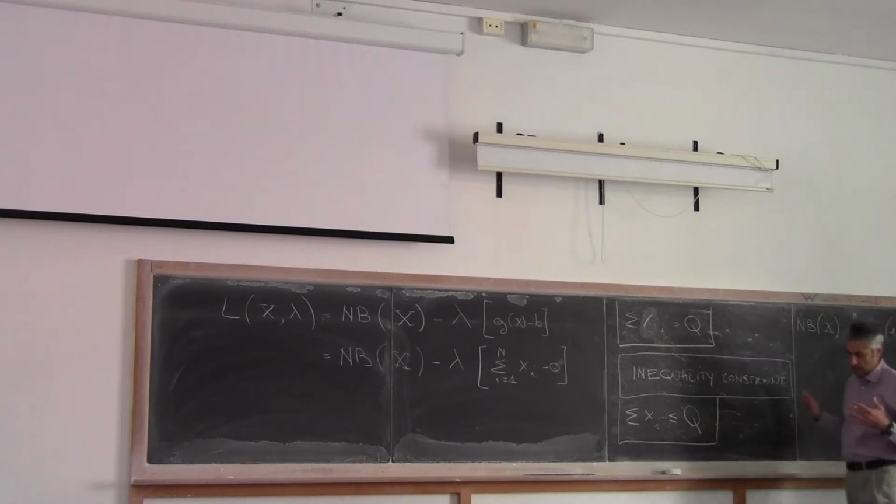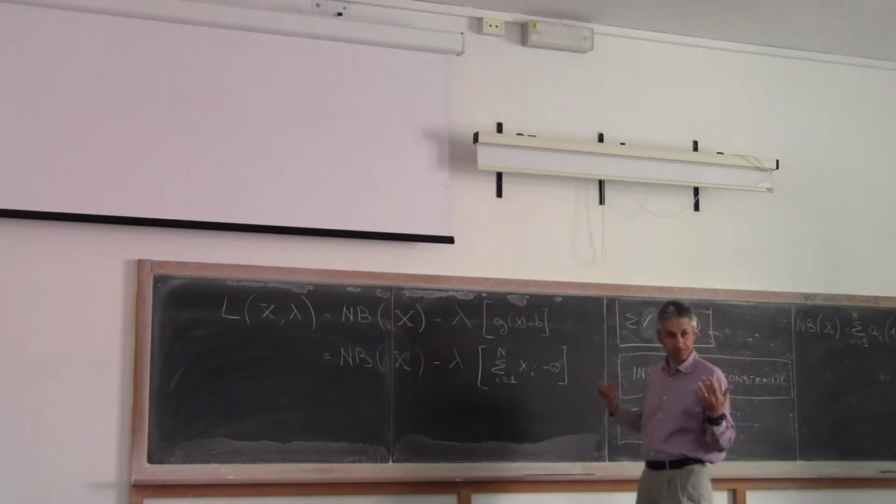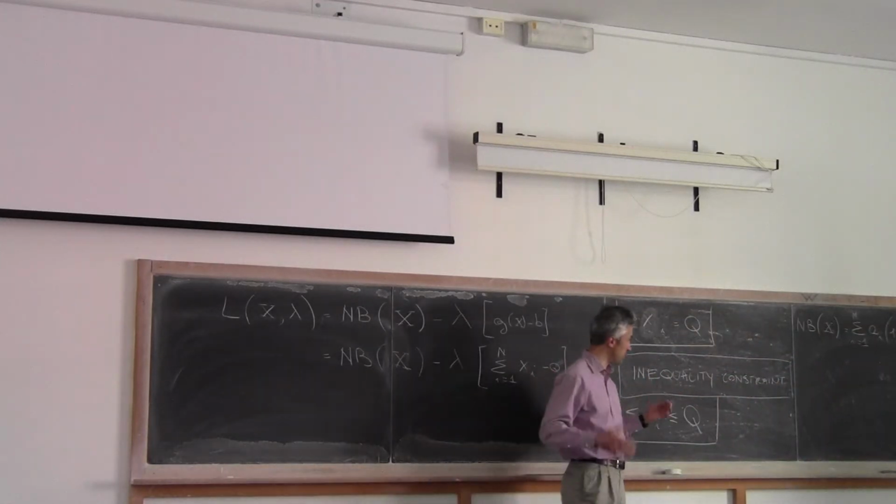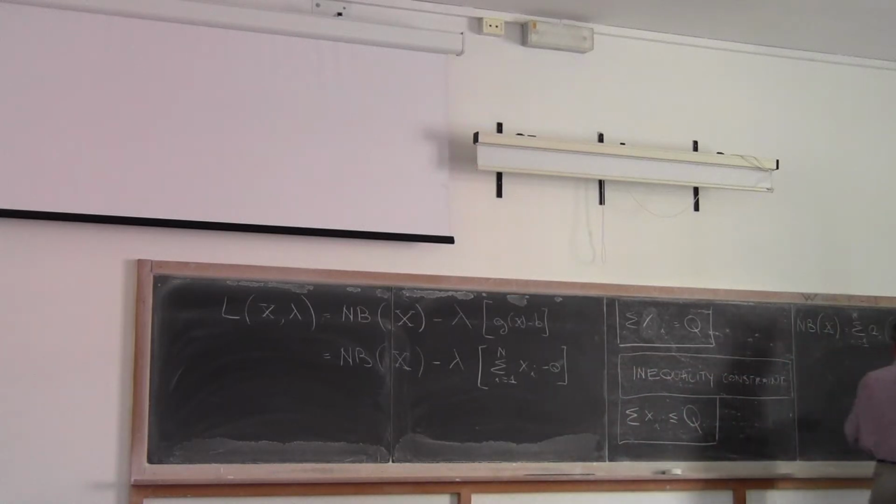Dummy means in English a variabile fittizia. So we can introduce a dummy variable, which we can call W, and with this dummy variable I can write the constraint in this way: the sum of the Xi plus W squared equal to Q. W is squared in order to be sure that it's positive.